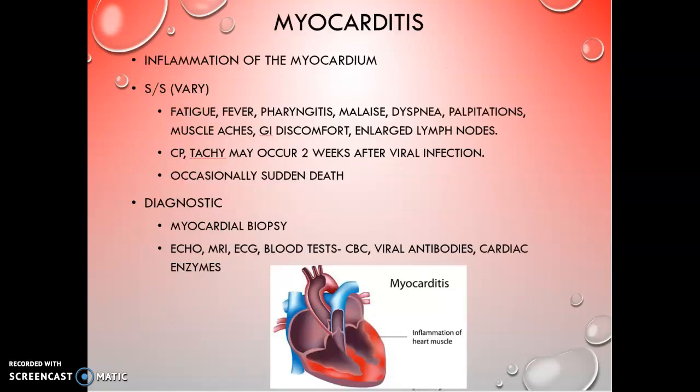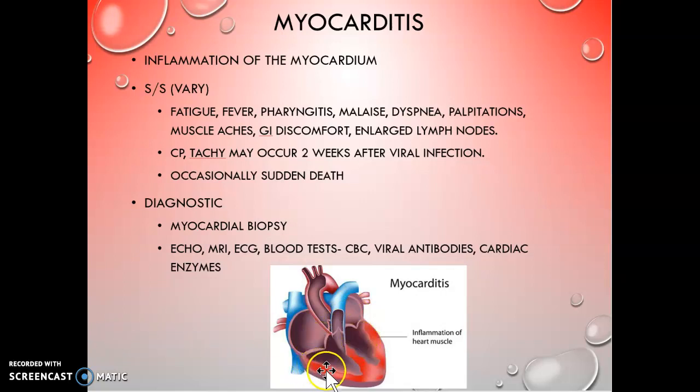Myocarditis is an inflammation of the myocardium. The myocardium is the actual muscle of the heart. Endocarditis is the surrounding. Endo means in, so it's inside the heart. Endocarditis is going to affect valves, which get vegetation on them, that kind of thing.